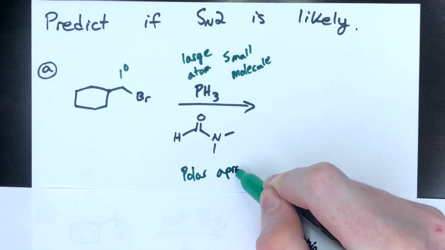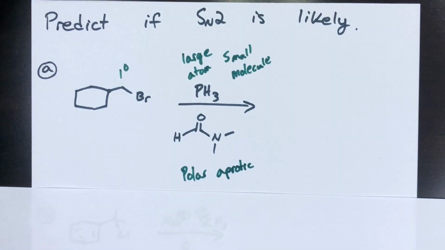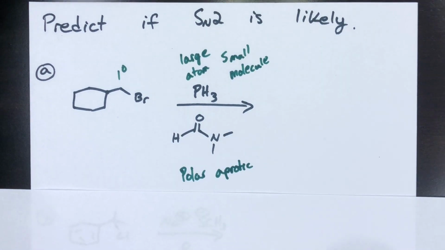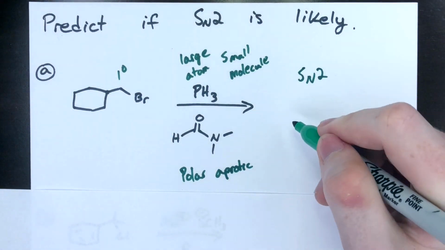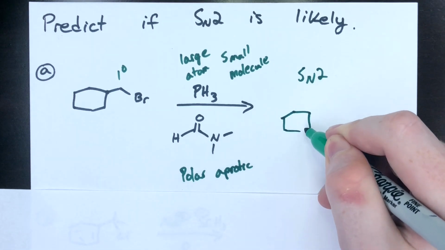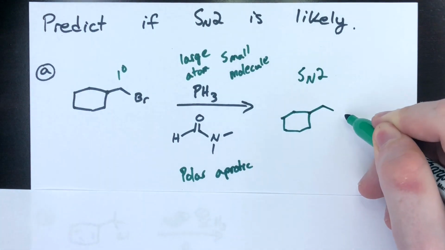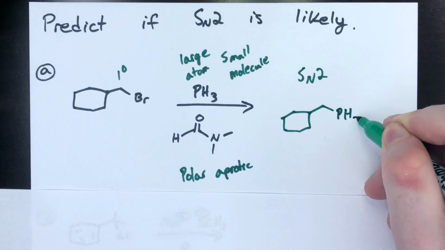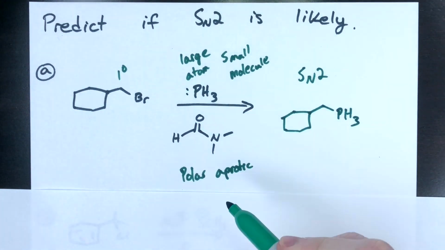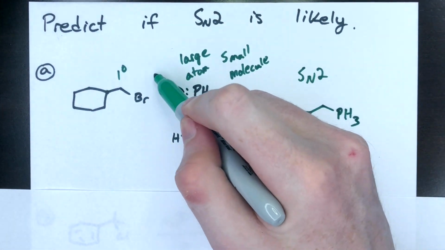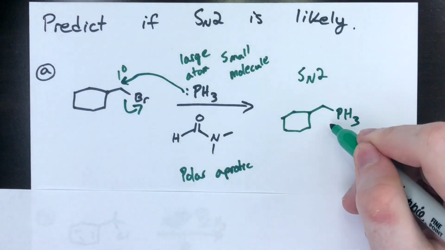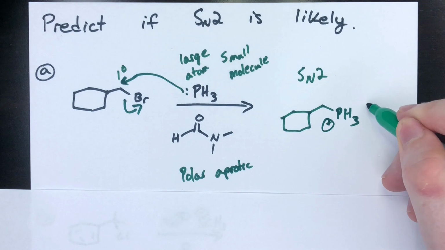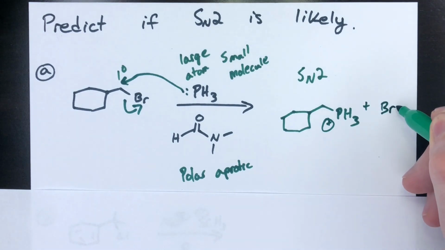So by all accounts, from our list of factors that influence SN2 likelihood, all of them are being checked. So this is definitely going to be an SN2 mechanism, which would cause us to get the following product, in which the lone pair on the phosphorus will attack this carbon, the bromine will leave, and then we'll get this phosphorus with a positive charge plus the bromine with a negative charge.